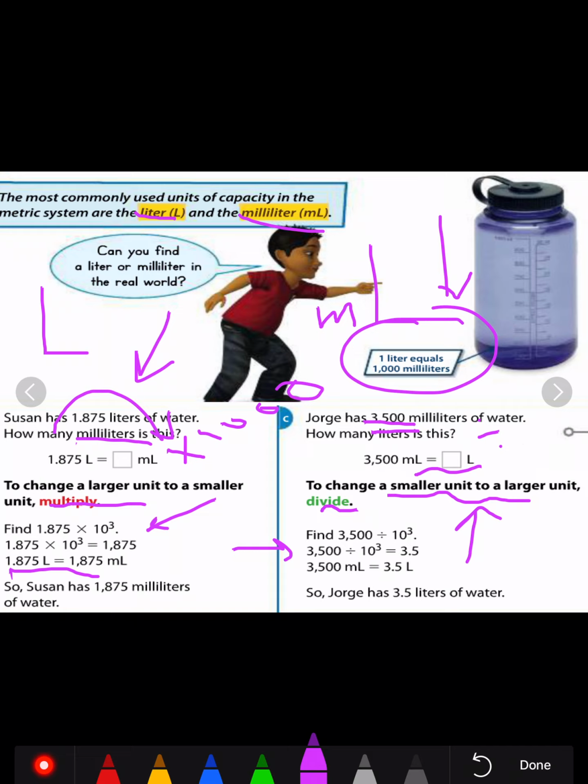Here, when we divide by 10 power 3 or 1000, we just move the point to the left 3 steps or 3 places. It becomes 3.5, because we delete 2 zeros and we move the point to the left 1 step.